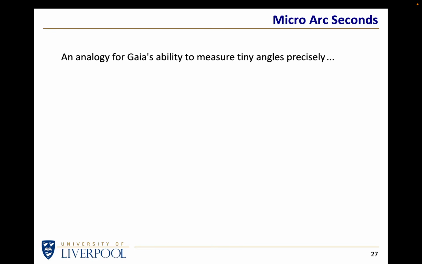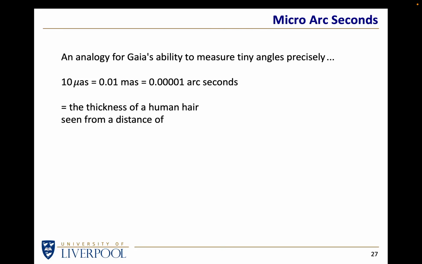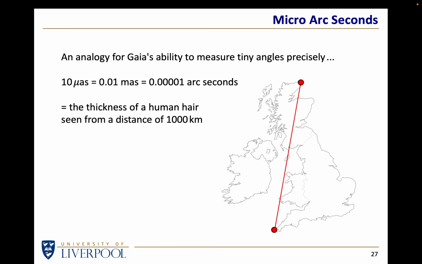So the nominal precision of Gaia is something of order 10 microarc seconds, or that number of arc seconds if you prefer. That is equivalent to measuring something with the precision of the width of a human hair at a distance of 1,000 kilometers.